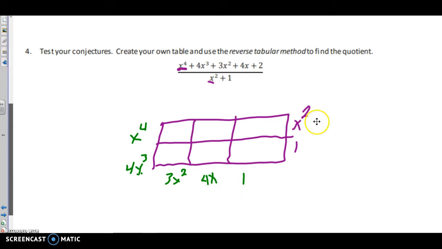So to get this to be x to the fourth and this to be 1, I know I need to multiply by x squared and 1. This allows me to fill in some other boxes. 1 times x squared is x squared. And as I have over here, 1 times x squared is x squared.